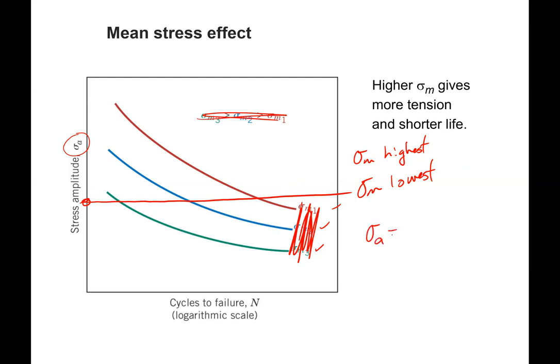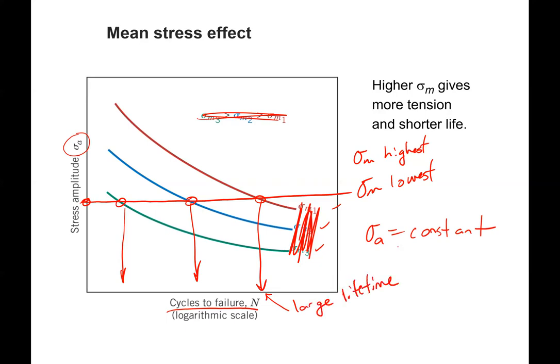Then I'm going to take a look at the intersection of each of these curves, and this will tell me the number of cycles to failure. My sample here has a large number of cycles, or a large lifetime, and the one over here has the shortest lifetime.